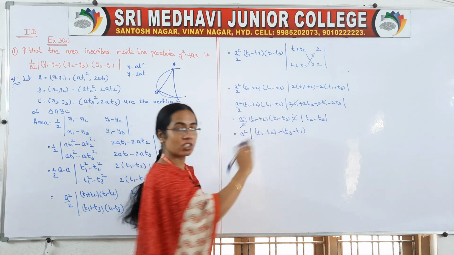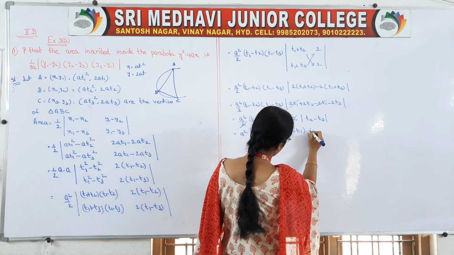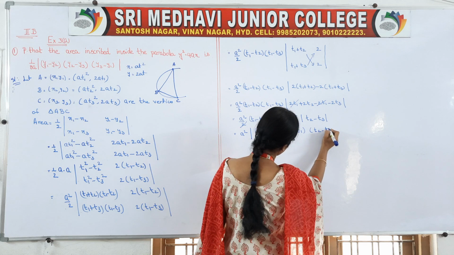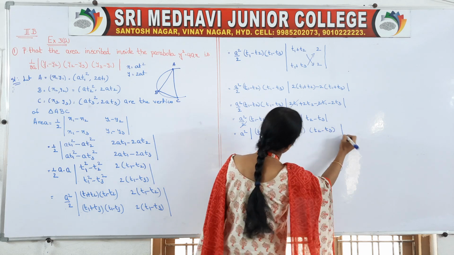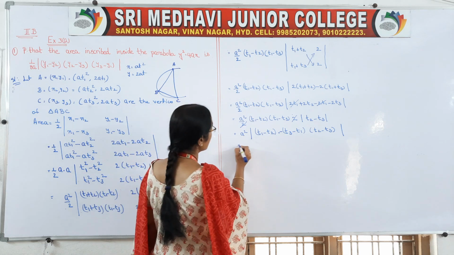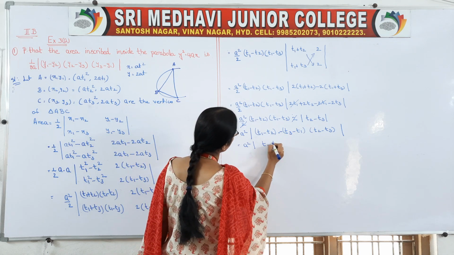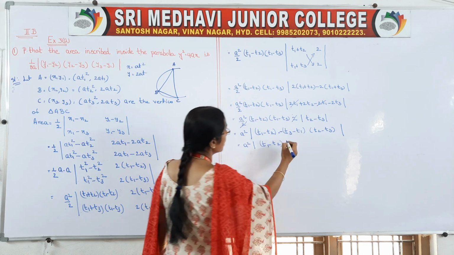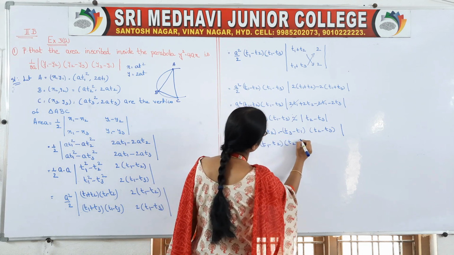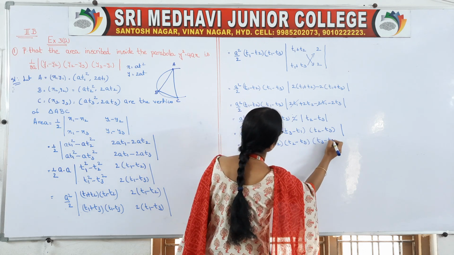If we change the sign, this one is T2 minus T3, okay, but inside the modulus negative will be positive only, and try to write in the order. So what is the order? T1 minus T2 into T2 minus T3 into T3 minus T1.